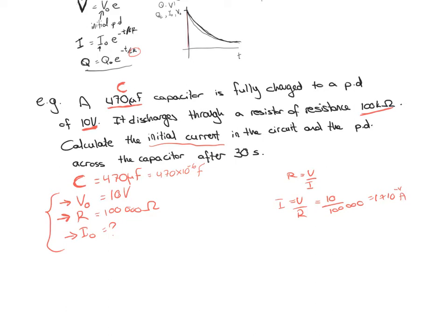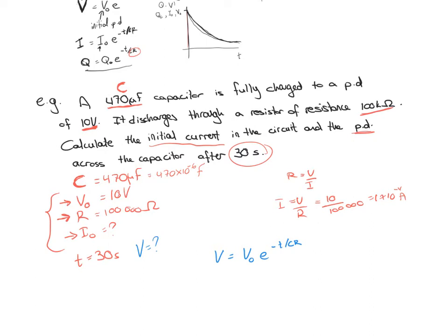The next part that you need to calculate is the potential difference across the capacitor after 30 seconds. So another important part, after 30 seconds. I'm looking for the PD after 30 seconds, hence I will need to use the equation that links PD to time. And this is my equation.